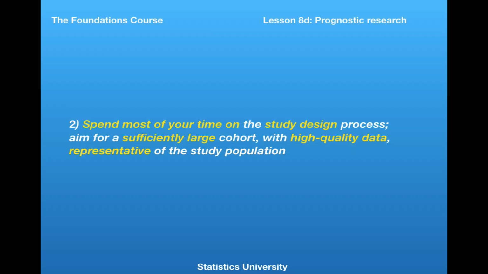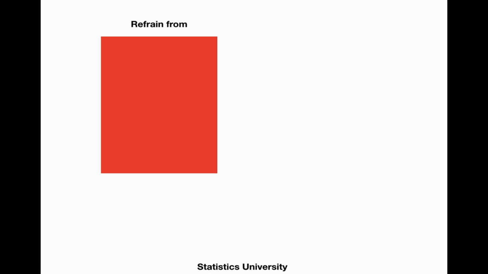Now, the second principle of the GCR approach is to spend most of your time on the study design process and aim for a sufficiently large cohort with high quality data that is representative of the study population. You should refrain from data digging without a pre-specified analysis plan in a small retrospective cohort.